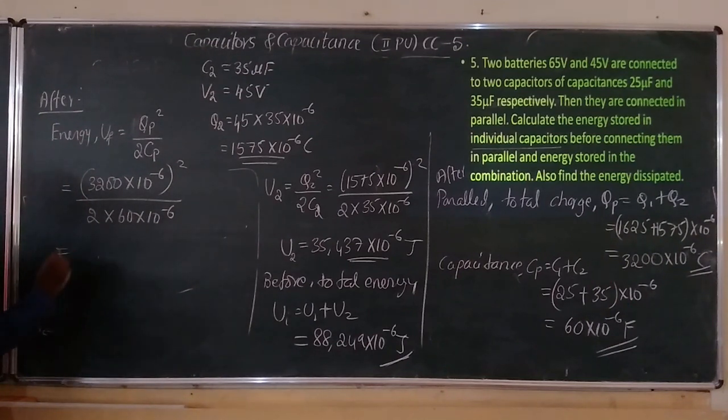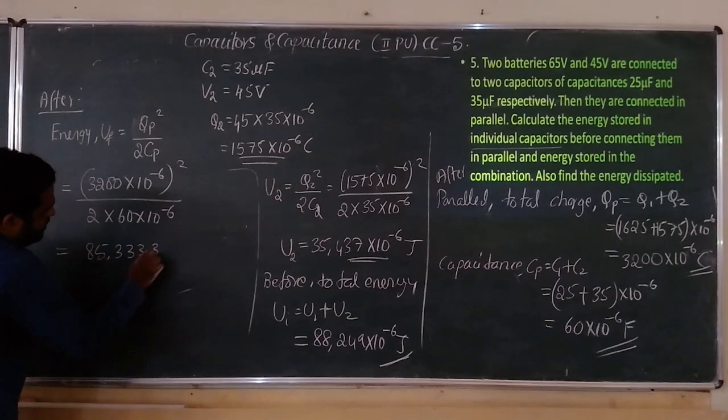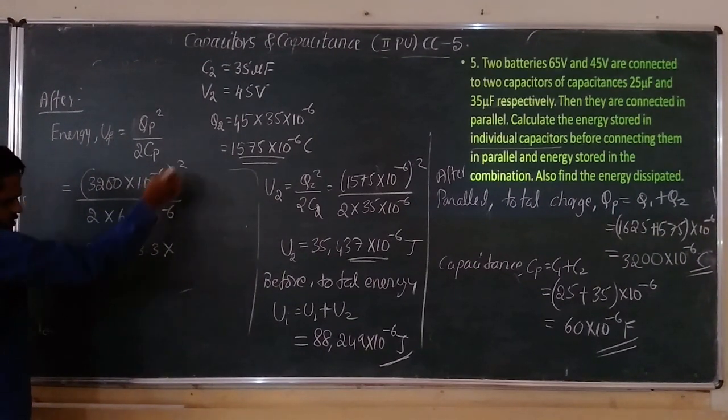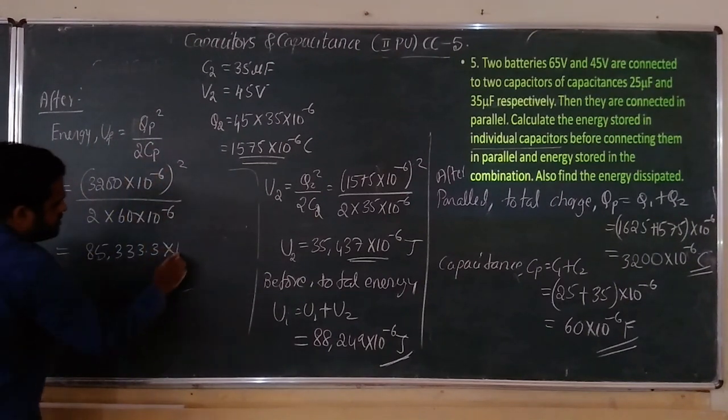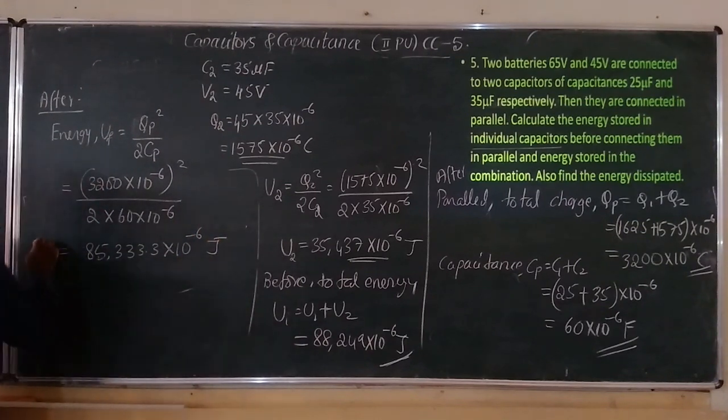That is 3,200 squared divided by 120, so you will get 85,333.3 into 10 to the power minus 6 joule. This is the amount of energy stored.